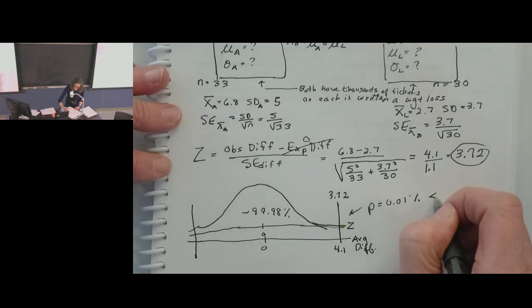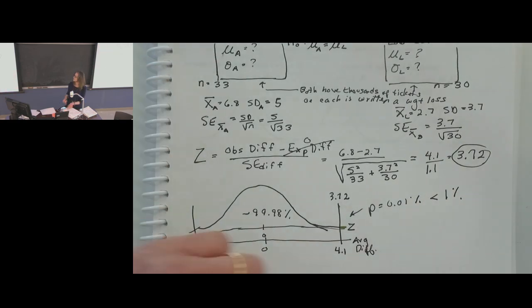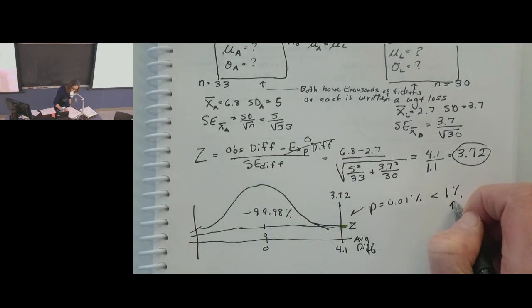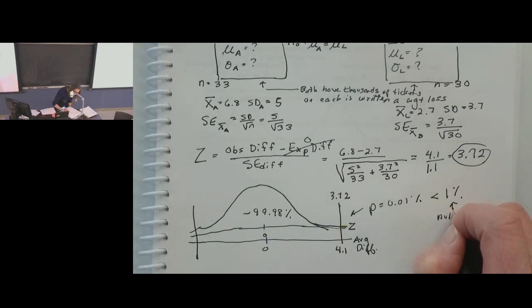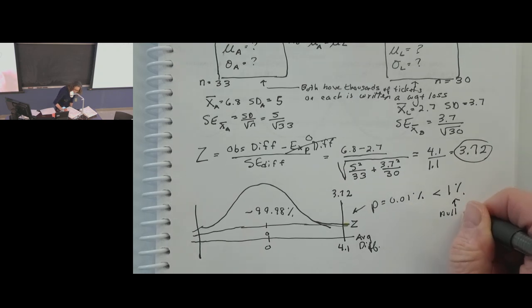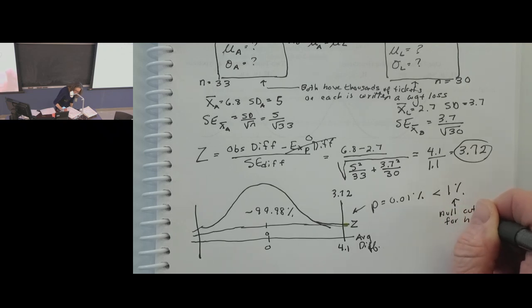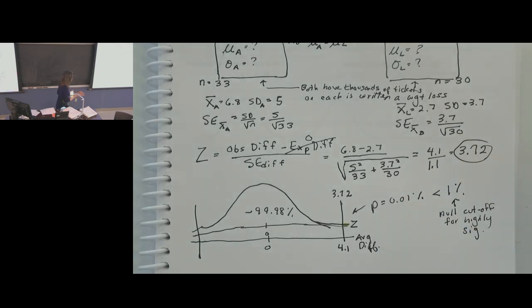And that's less than 1%, which is a highly significant result. This is the cutoff for calling something highly significant. 5% is just for calling it significant. This is for calling it highly significant.